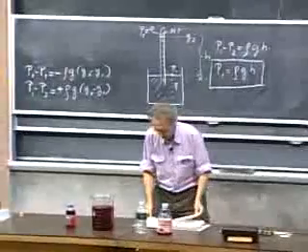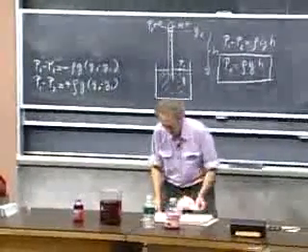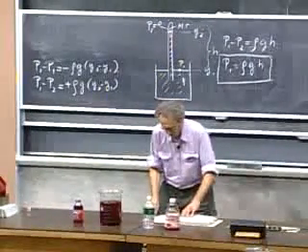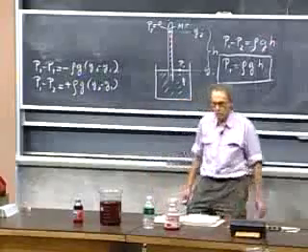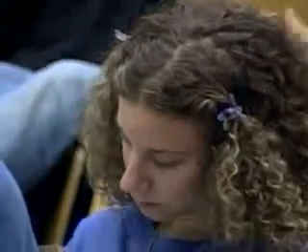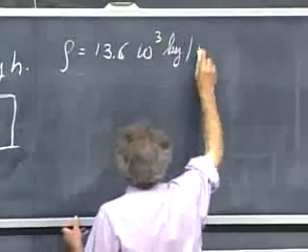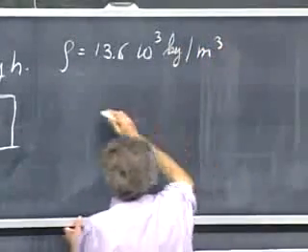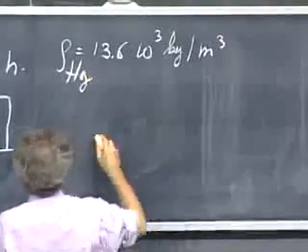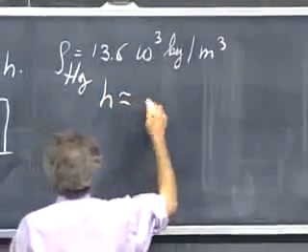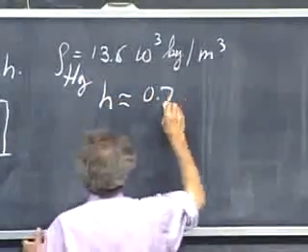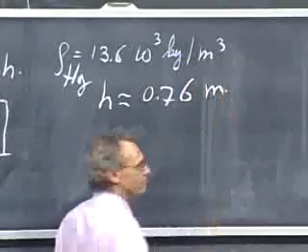Now this was done in the early days, in the 17th century, by Torricelli. He used mercury, and he found that mercury, by the way, has a density of 13.6 times 10 to the third kilograms per cubic meter. So this is mercury. And he found that H is about 76 centimeters, 0.76 meters.